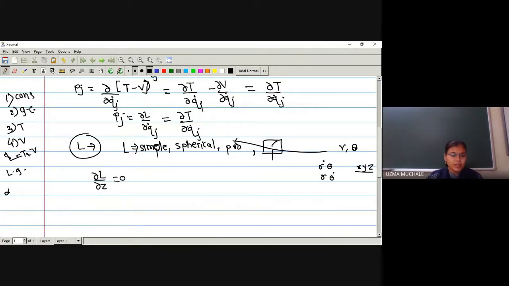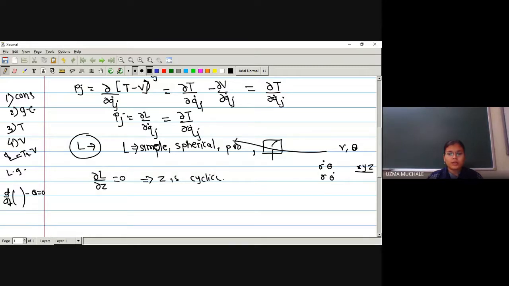If we have the equation d by dt of dou L by dou qj dot, we get some value, but here it came equal to 0, if you remember. So at that time, what do we mean by dou L by dou Qj equal to 0? It means that the Qj coordinate is not in L. If it is not in L, we can say Z is a cyclic coordinate.